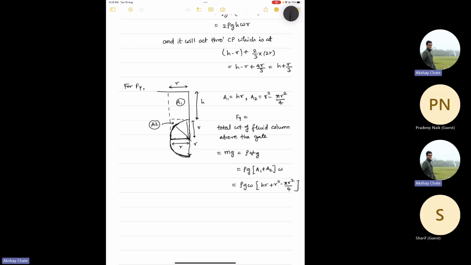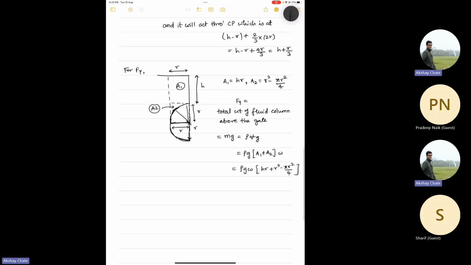So there is one trick also to this, but before going to that, I'll explain you the proper way. So you did the calculation for this part, right? So let's say this is Fy force 1, and since there is water below this also, everything is under water. So there will be buoyancy force on the bottom half as well, and the weight is acting on this side, and this will be Fy1, which we just calculated, and there will be some Fy2 also.